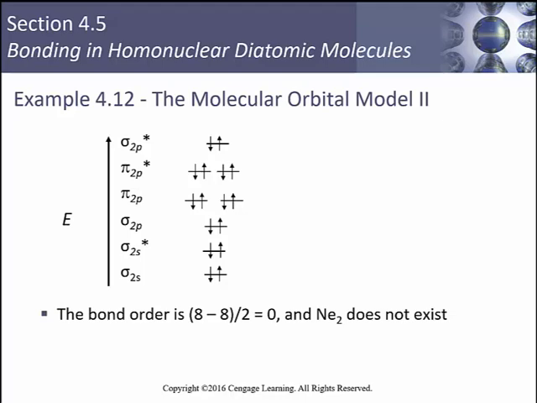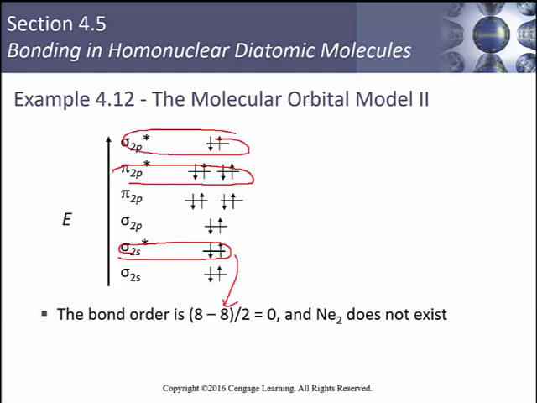For the bond order, we're looking at this, it's all paired, so we don't have any unpaired electrons to make it magnetic. If we look at the bond order, we've got 2, 4, 6, 8 antibonding, and then we've got 2, 4, 6, 8 bonding.